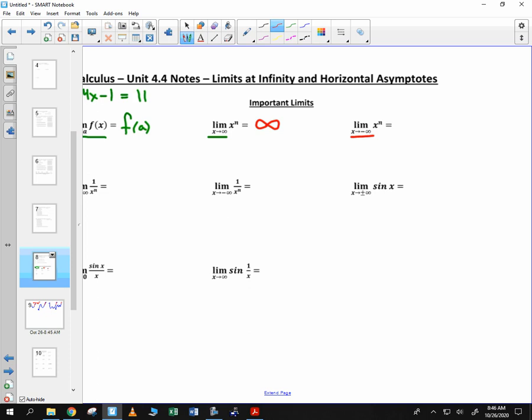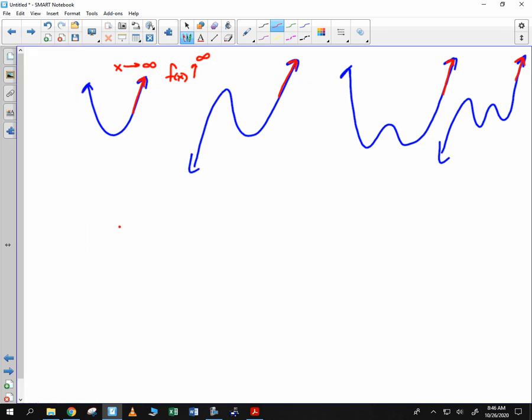If you look back at this little graph that I drew, as you head off to the left, in this case, you head towards positive infinity. In this case, negative infinity. Positive infinity, negative infinity. The reason why is that this is x squared, this is x cubed, x to the fourth, this is x to the fifth.